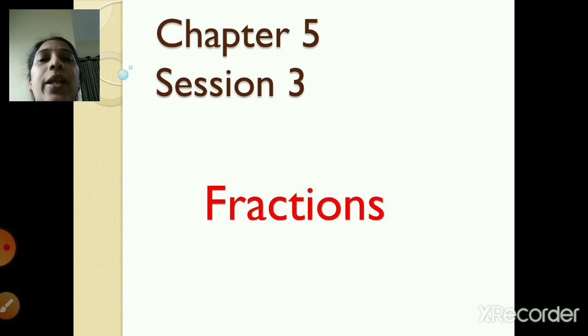Those fractions which can be divided further are called equivalent fractions. Right, children? So in our last session, we had started problem set 17, and in problem set 17, we had completed around 5 sums, right? So let's start with the remaining sums of the problem set.